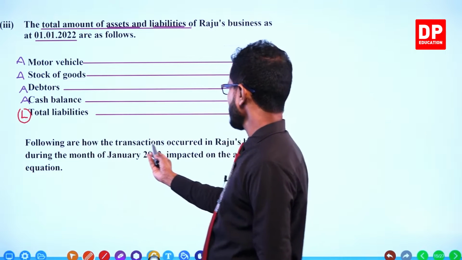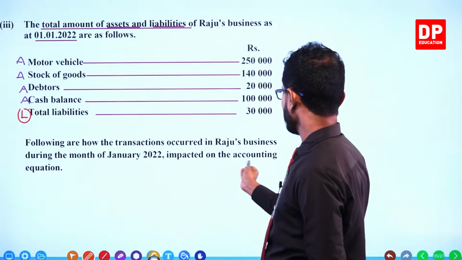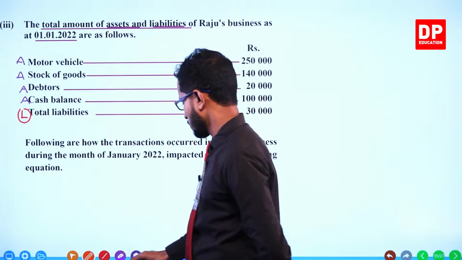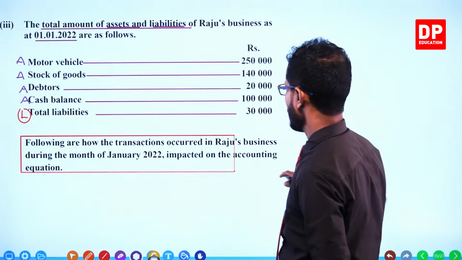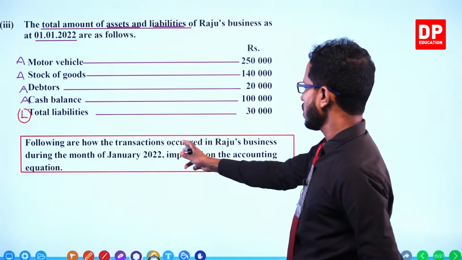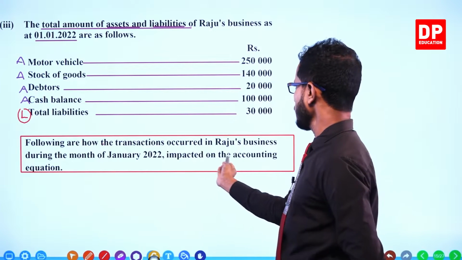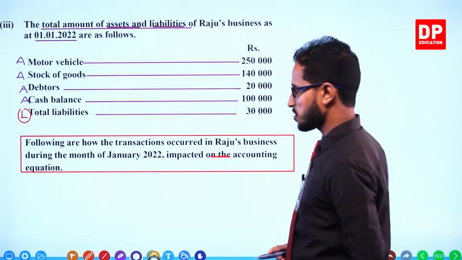Following are how the transactions that occurred in Raju's business during the month of January impacted the accounting equation. This is what they say now: how the transactions in January affected the accounting equation. Let's see.